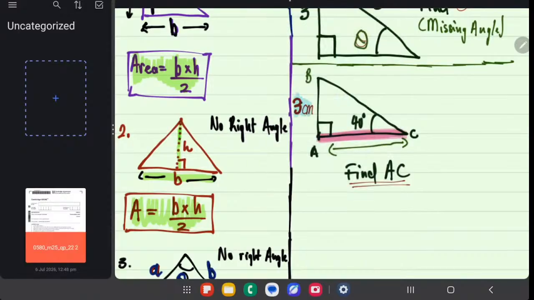They gave you one side, and then they gave you 40 degrees. 40 degrees is an angle, right? So in here, they gave us one side and one angle. What do we use for here again? SOHCAHTOA. Are we together?